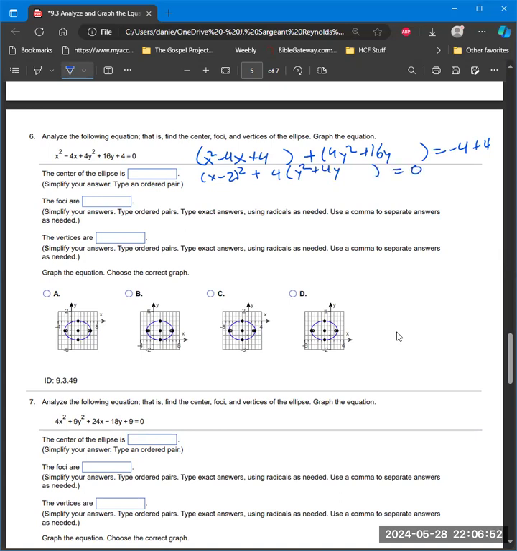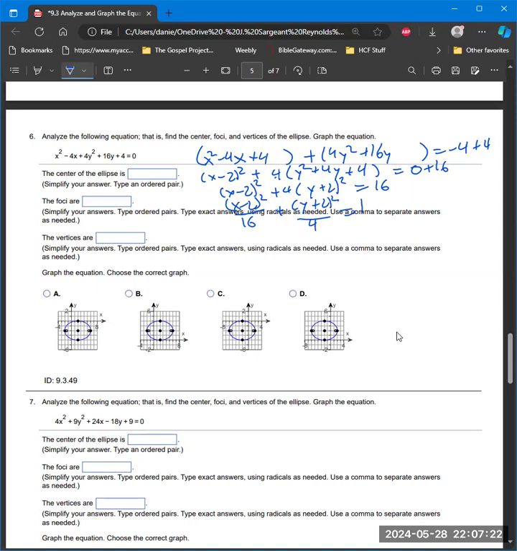So far, that's a 0 on that side. Half of this 4 squared is going to be 4. 4 plus 4 is 16. This is x minus 2 squared plus 4 times y plus 2 squared equals 16. We're going to divide everything by 16. This is x minus 2 squared over 16 plus y plus 2 squared over 4 equals 1.